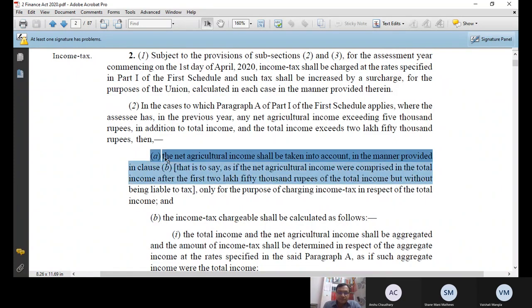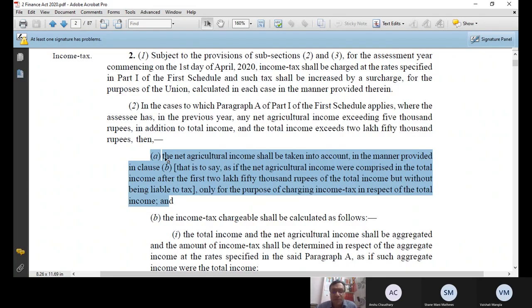Clause A says net agricultural income shall be taken into account in the manner provided in clause B. I will see clause B now. That is to say, as if the net agricultural income were comprised in the total income after the first 2,50,000 rupees of the total income, but without being liable to tax, only for the purpose of charging income tax in respect of the total income.